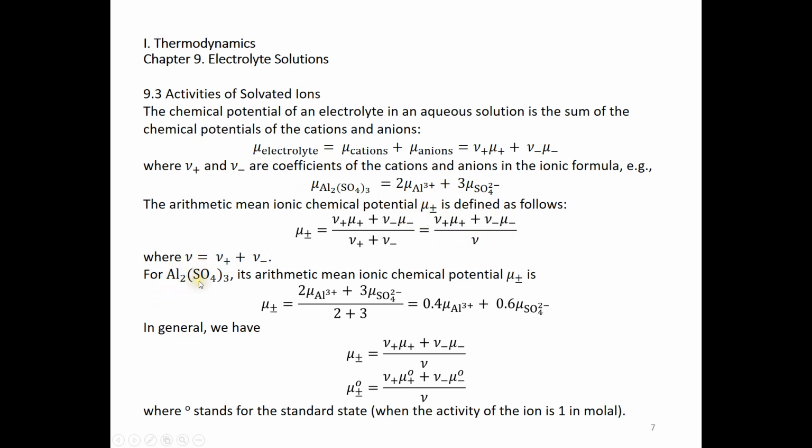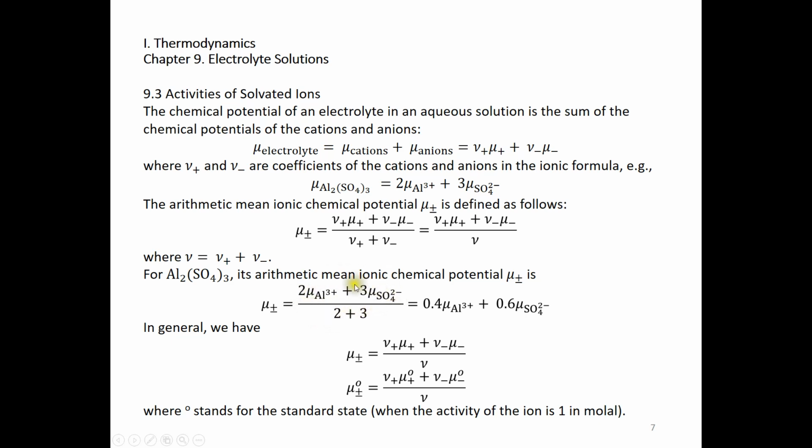For aluminum sulfate, here's the example. Its arithmetic mean ionic chemical potential mu sub plus minus is this. We have 2 times the chemical potential of Al3+ and 3 times the chemical potential of sulfate divided by 5, because in 1 unit of aluminum sulfate we have 5 ions, 2 aluminum cations and 3 sulfate anions.